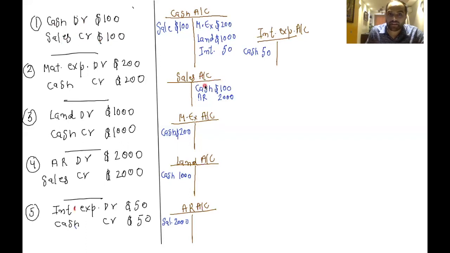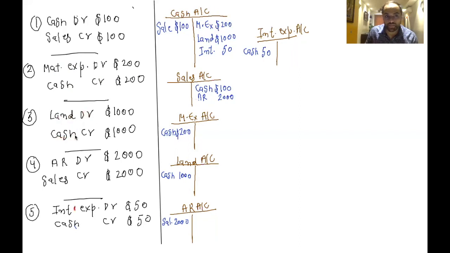Sales credit because of cash, 100. Material expense account, debit. Why? Because of cash. Because we paid cash, right? Cash credit because of this.